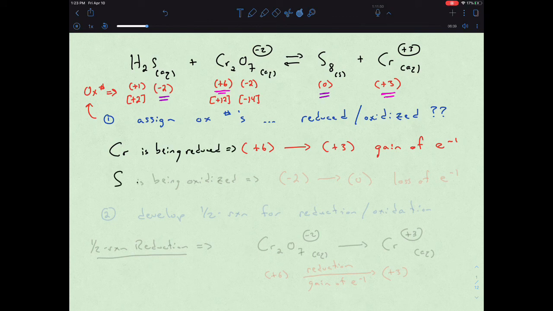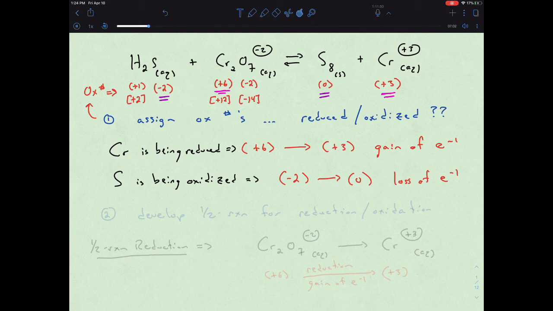And that means the sulfur is being oxidized. And the sulfur is going from the -2 state to a 0 state. So that's a loss of electrons. So that's the first step.